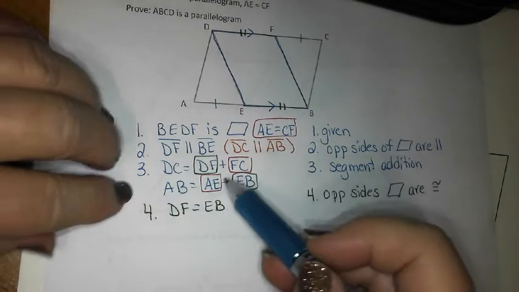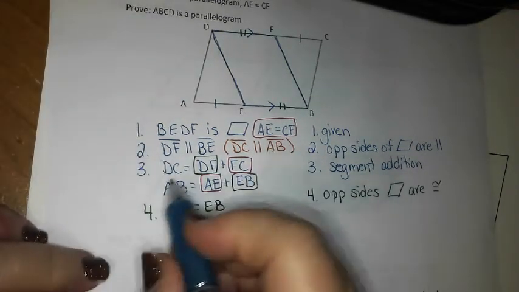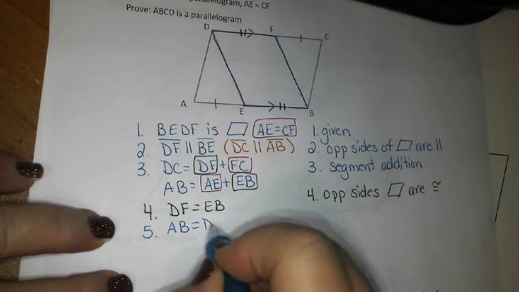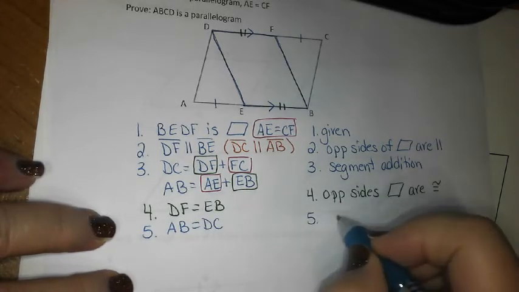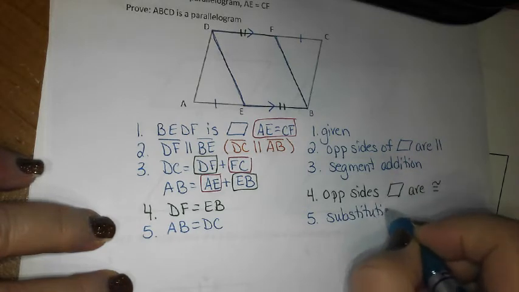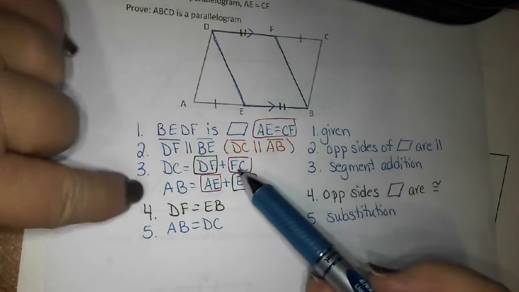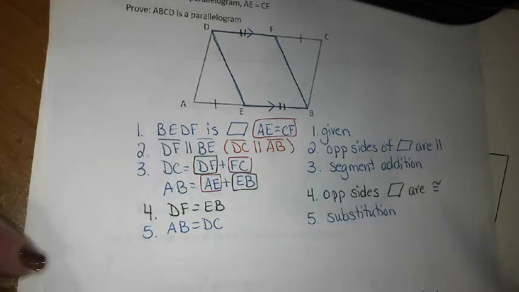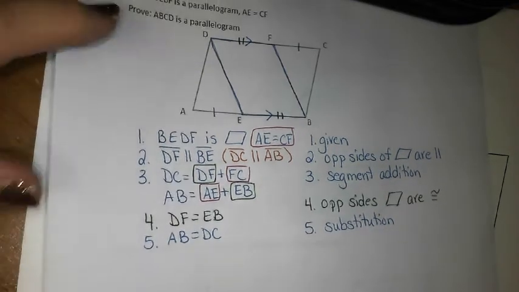So I think since these are congruent and these are congruent, I'm going to go ahead and say that DC equals AB by substitution. Because we could do a couple of substitutions. We can substitute AE for FC, EB for DF, and that would make DC and AB the same thing.